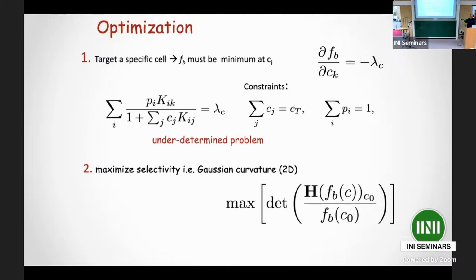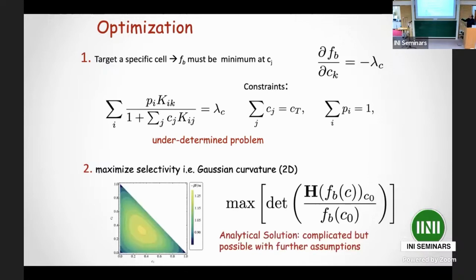But if at the same time your overall binding is very weak, then it doesn't really help that it's very selective, because it won't bind. So you have the other constraint that the total binding has to be strong enough. This is just a theoretical exercise to see which is the most selective, but in practice, when you design that, you also need enough binding. So the constraint optimization must be done for each particular system.